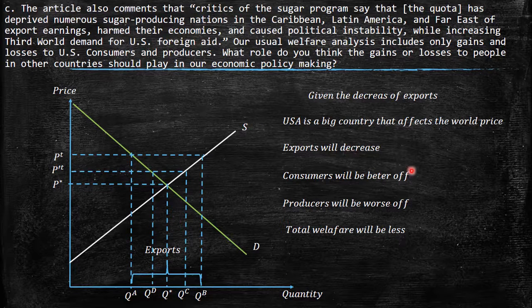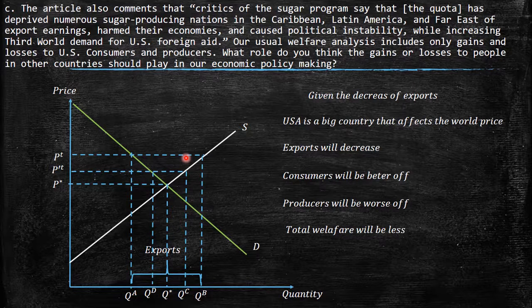So this one was the normal price before, and they have these exports. But after the price increases given the demand of the US, which has a higher price, the new price is going to be PT. Remember, this is going to be the exports of the country at this price because it's higher, but they cannot export this part. Why? Because the import demand of the US is less given the higher price.